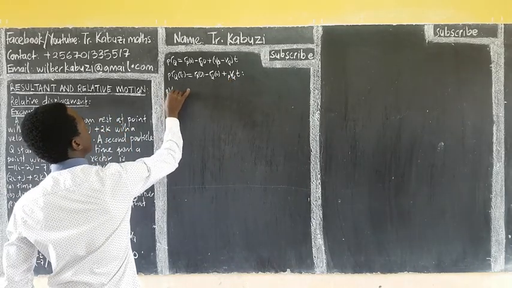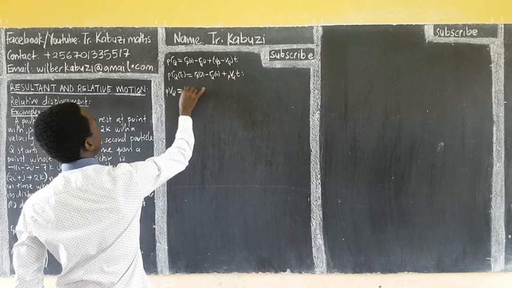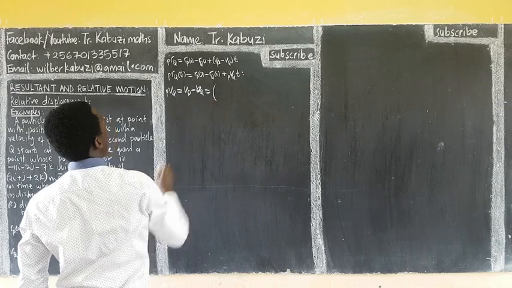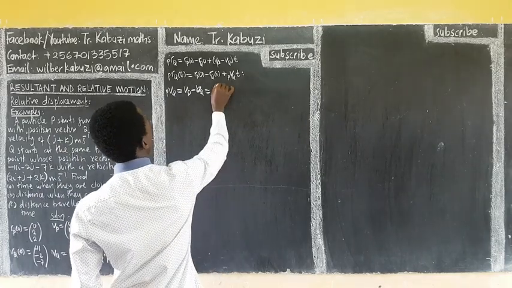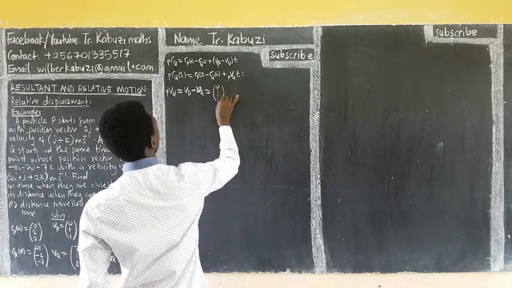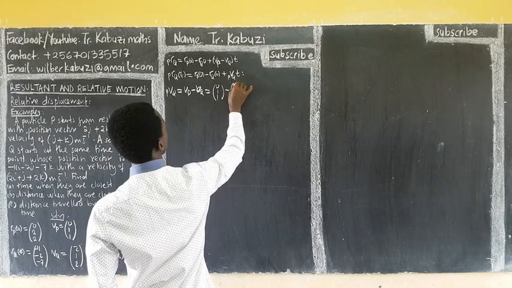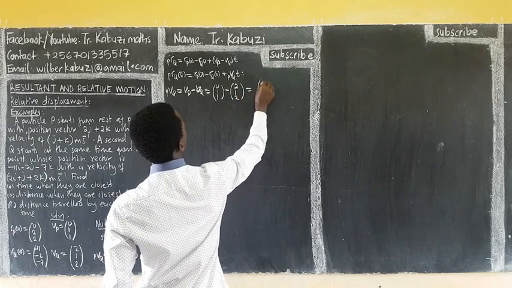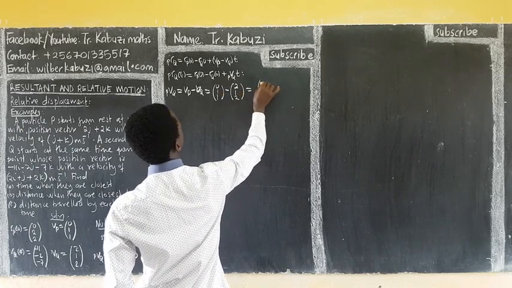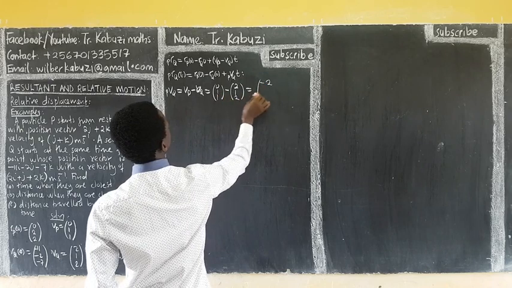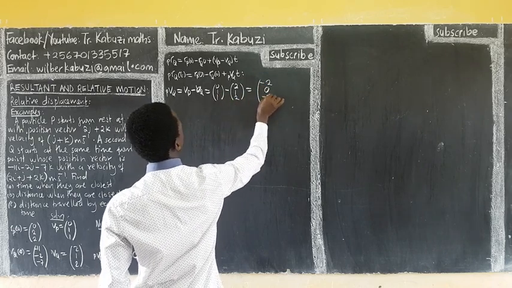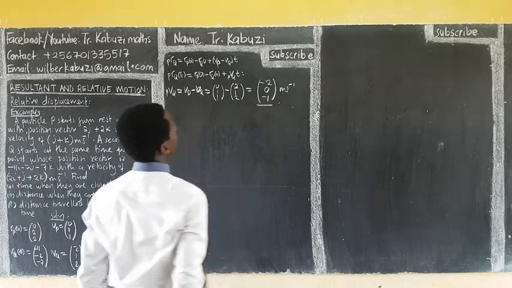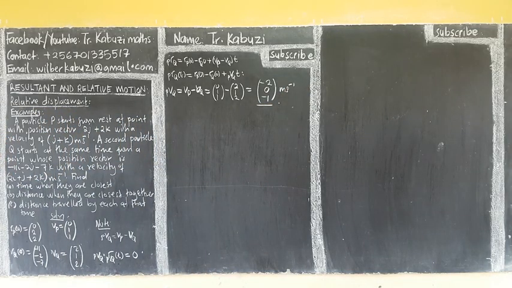The velocity of P relative to Q is going to be Vp minus Vq, which will be Vp 0 minus, and so this will be negative 2, then 0, then negative 1, and this will be in meters per second. That's going to be our velocity.